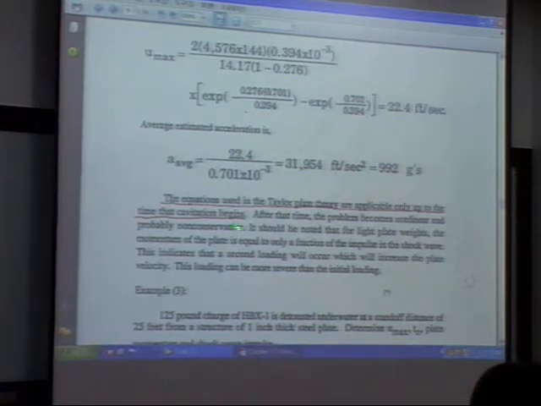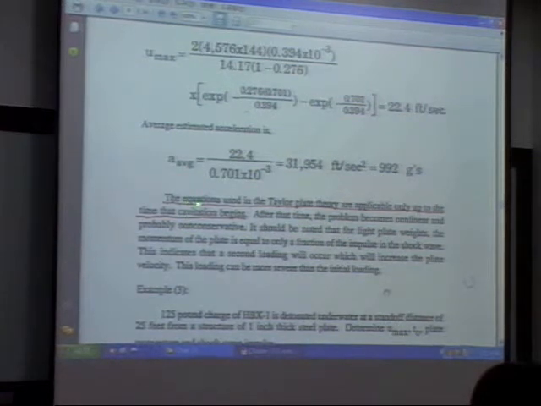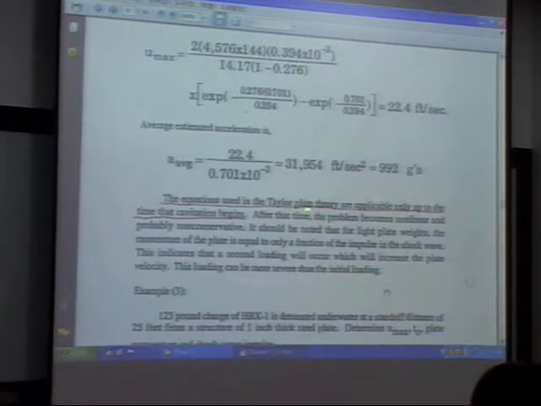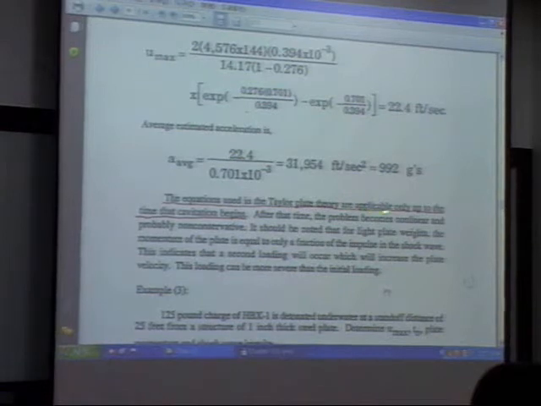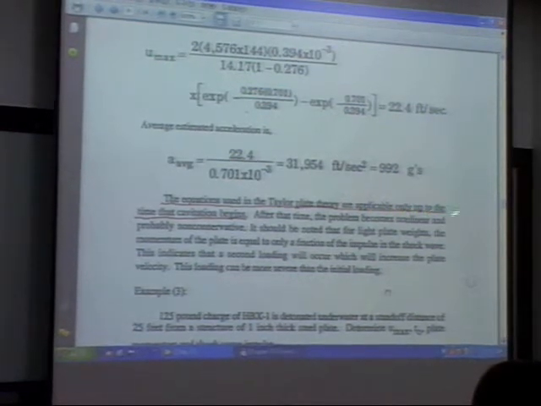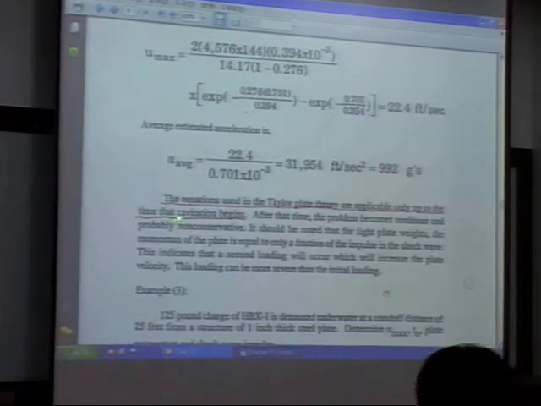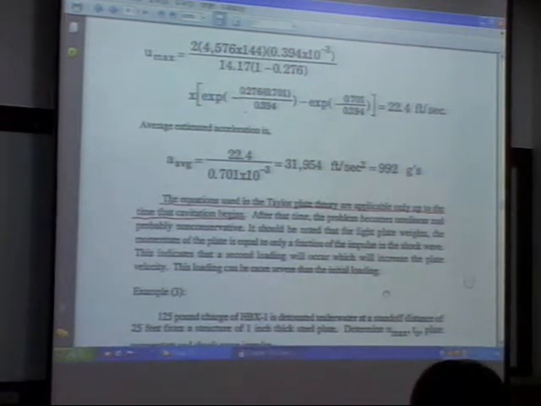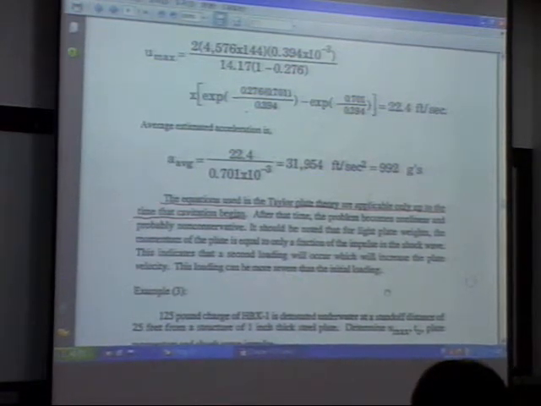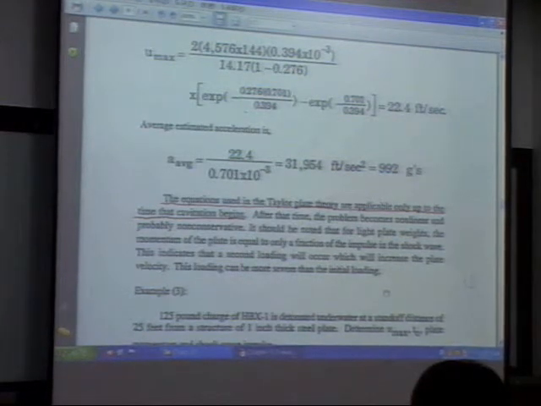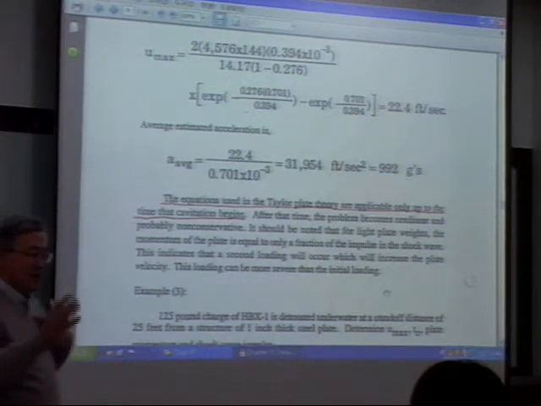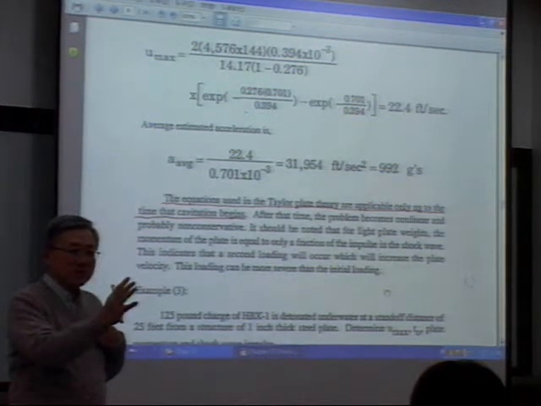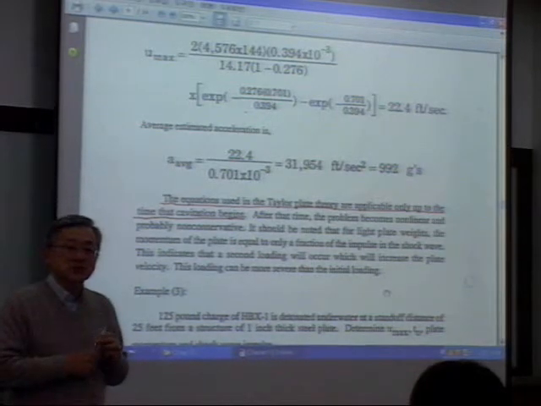It's tremendous. So the equations using the Taylor plate theory are applicable only up to the time that cavitation begins. Why is that? I compute the maximum velocity of the plate, U max, at the point where local cavitation occurs.